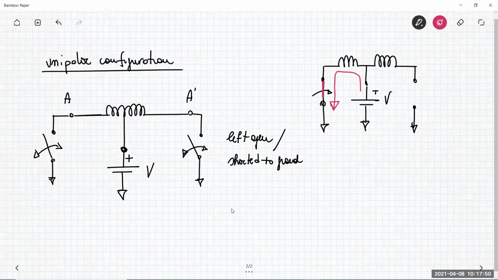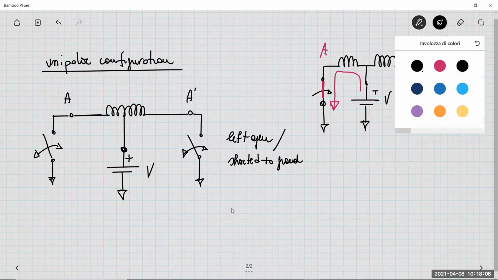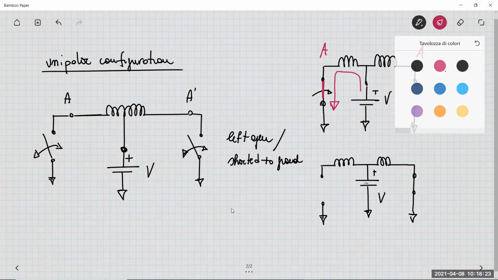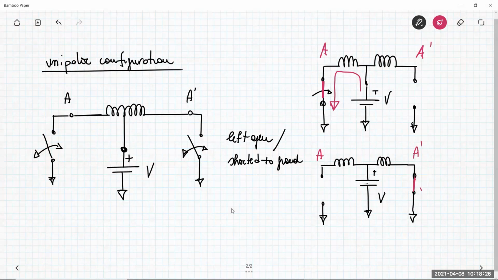When this switch is closed, A prime will be left open. So the two switches act in a complementary way. They are not closed at the same time. When the opposite happens, A prime is shorted and A is open. Now the current flows in this sense here.